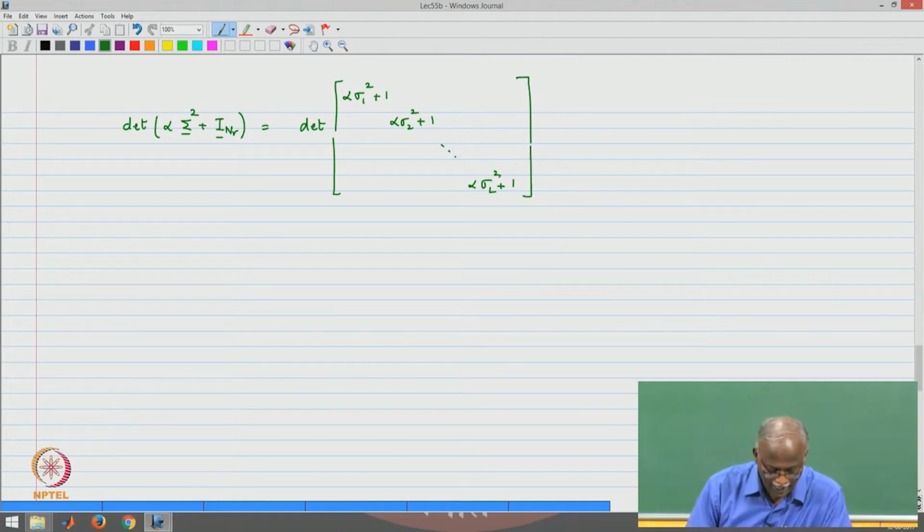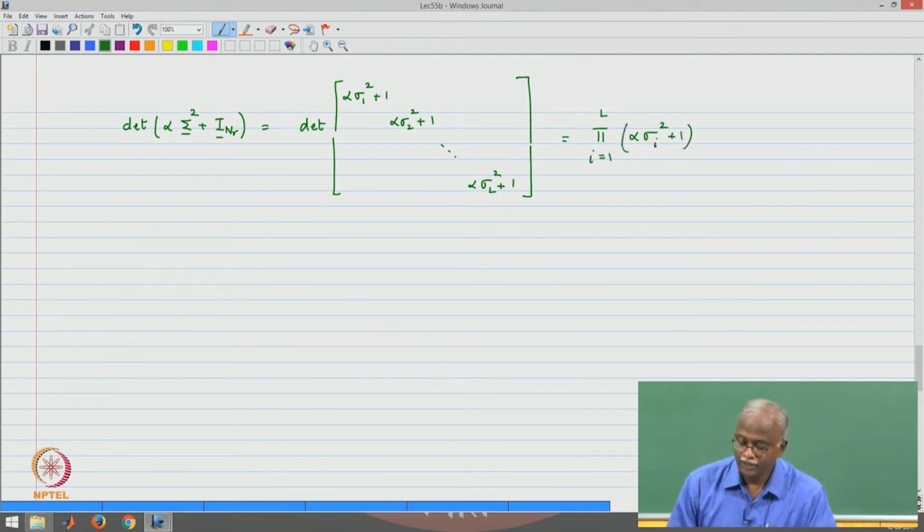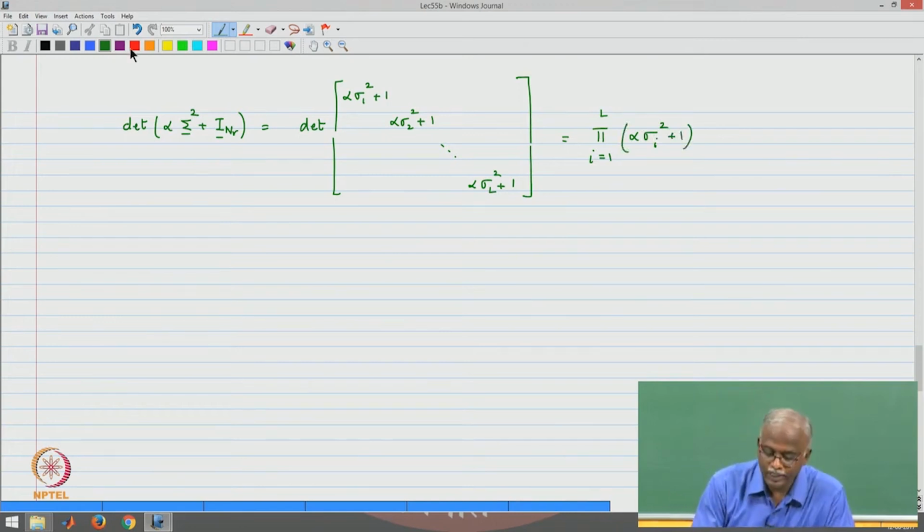This would be given by the product over i equal to 1 through L of alpha sigma i squared plus 1.